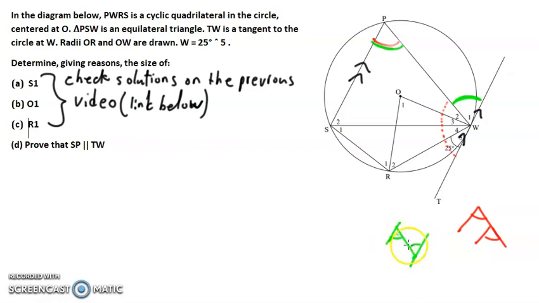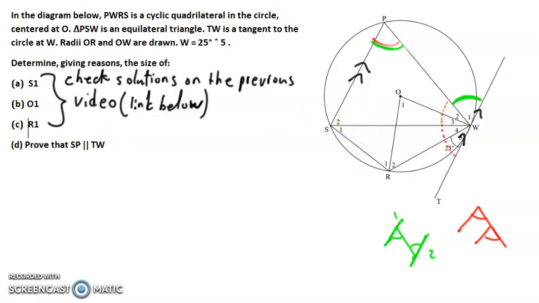So if we can prove that this angle is equal to that angle, then this line, let's say line 1, would be parallel to this line. Let's call it line 2. So they would be parallel to each other if we could prove that these two angles are equal. So here we're going to utilize the same line of reasoning so as to arrive at the conclusion that SP is parallel to TW. So let's try to check if we can find anything.